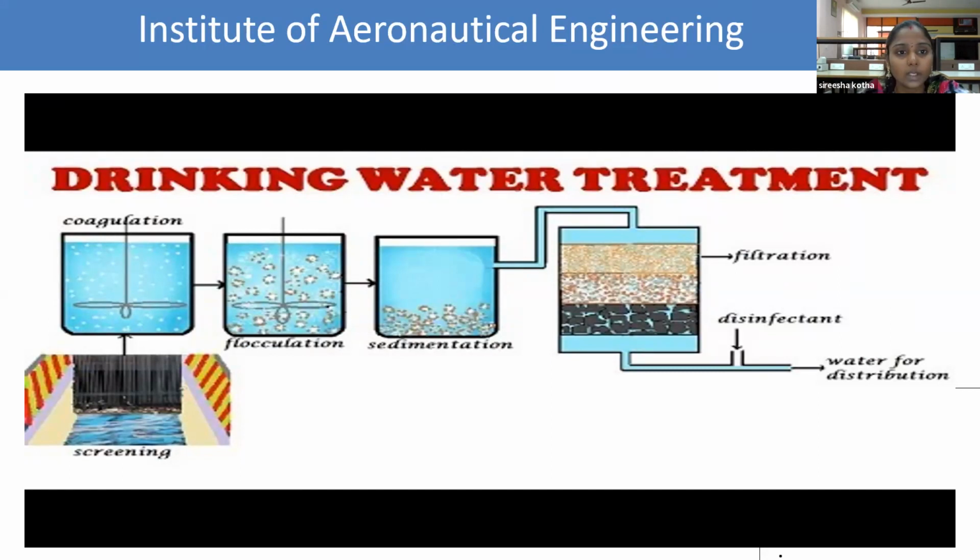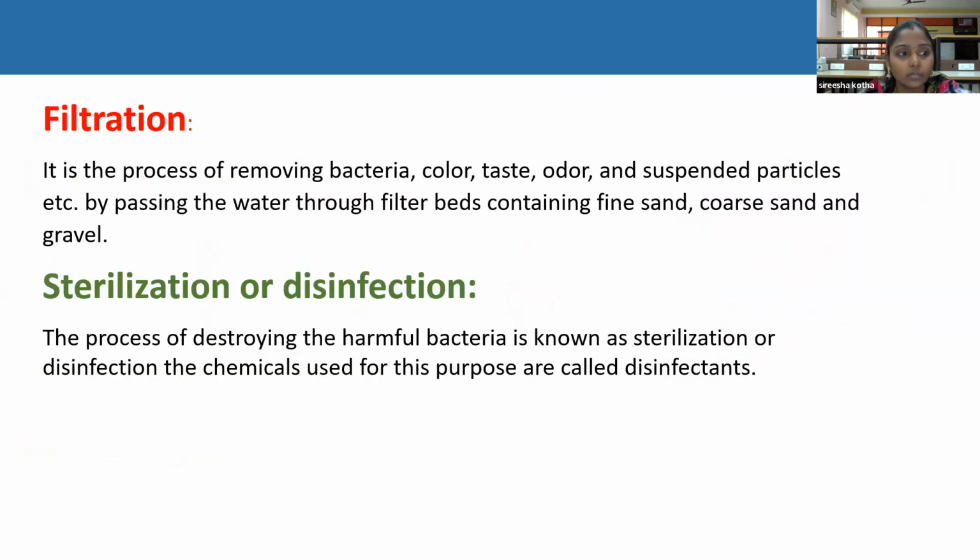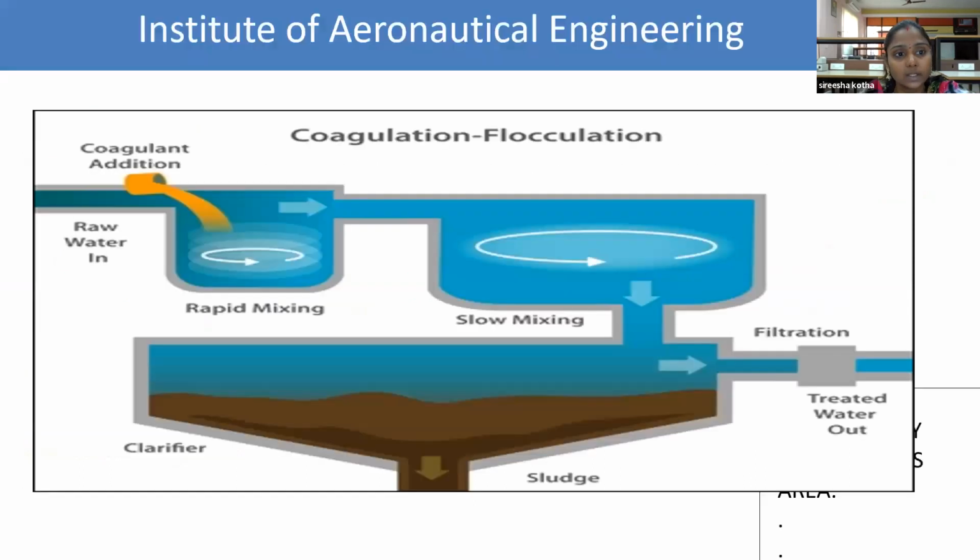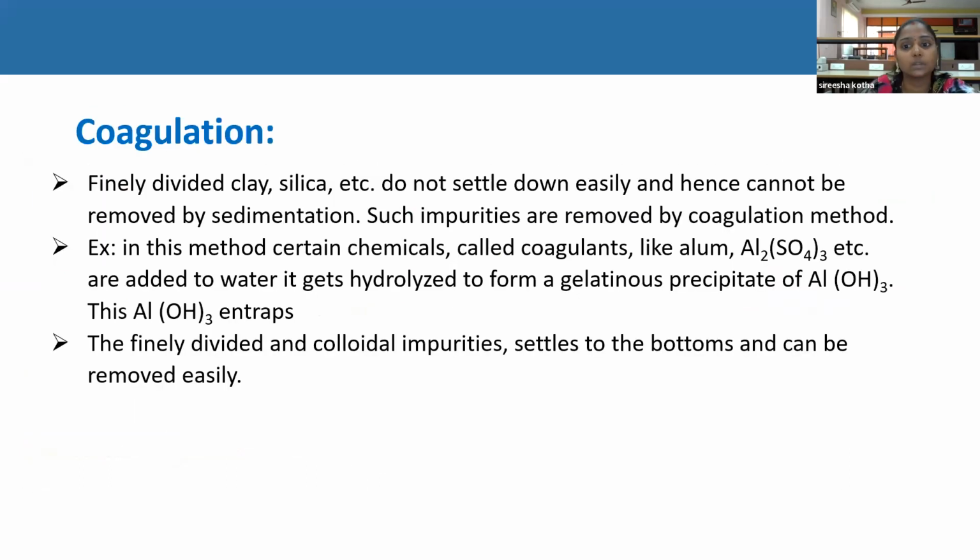What are the types of coagulants? We used some chemicals here. You can observe aluminum sulfate, aluminum hydroxide.